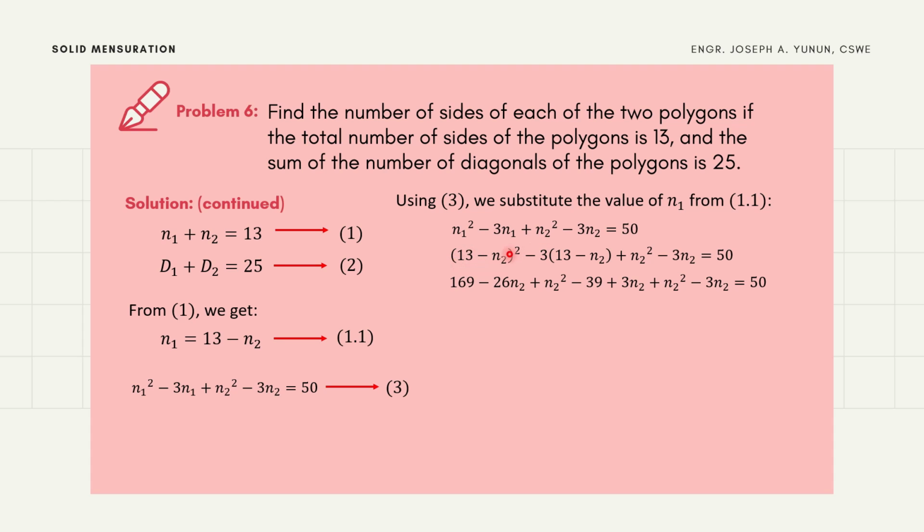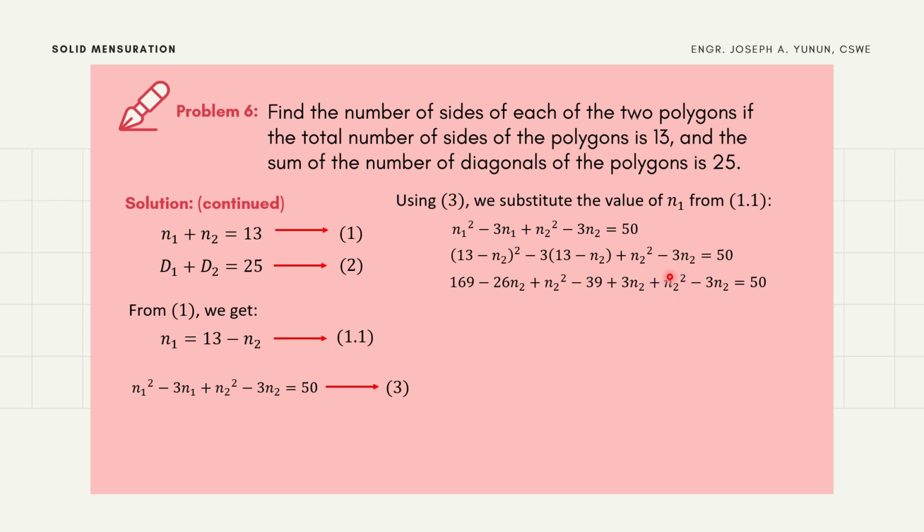By the way, if you use FOIL, you get 169 minus 26n2 plus n2 squared for this particular term. Then minus 3 is distributed, so negative 39 and positive 3n2. Then plus n2 squared, and then minus 3n2 equals 50.